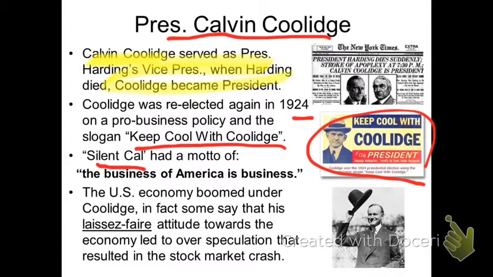Silent Cal, as he was nicknamed, because he was not much of a spokesman. He wasn't gregarious, he wasn't an outgoing guy, and he didn't make a lot of speeches. He had a motto: "The business of America is business." Again, we go back to laissez-faire, and all three Republican presidents during this period believed in laissez-faire.